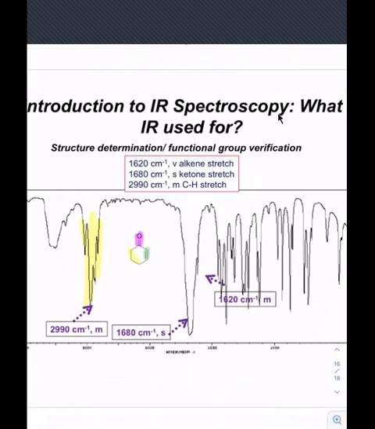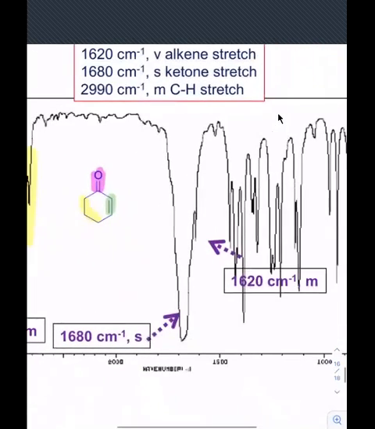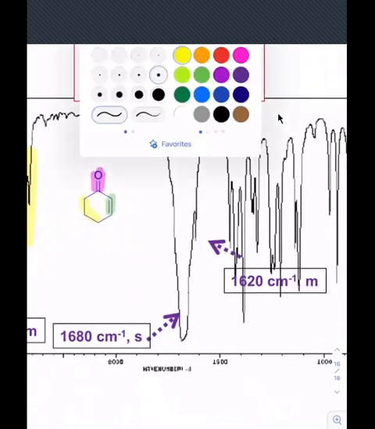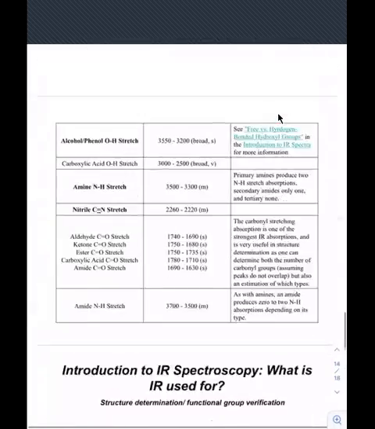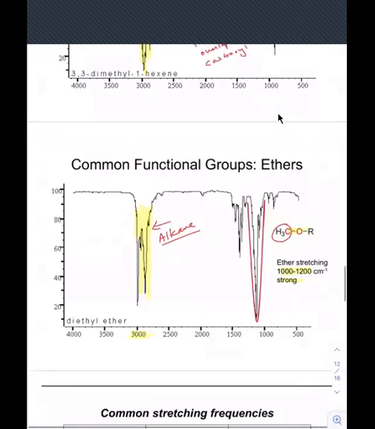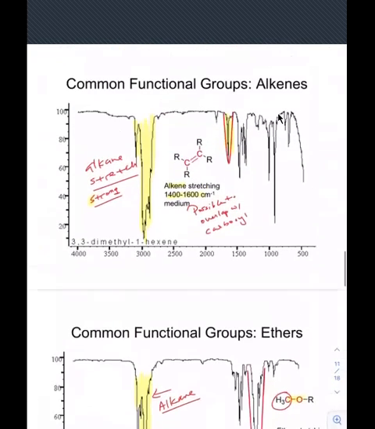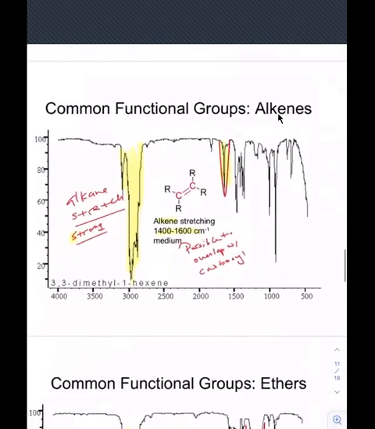Now at 1620, if you had to choose between 1620 and 1680 for the alkene, which one would you pick? 1680 is more in line with which functional group? Let's go back up. So we had an alkene in one of these right here. Is that right? Yeah.